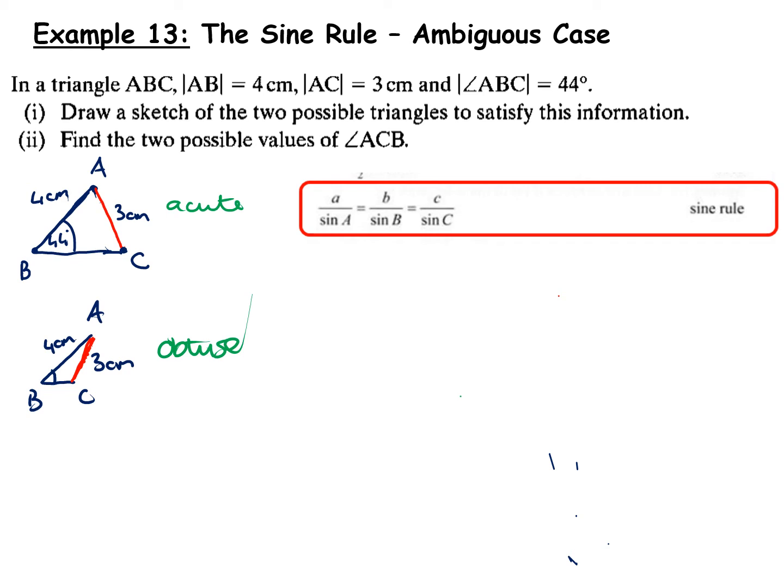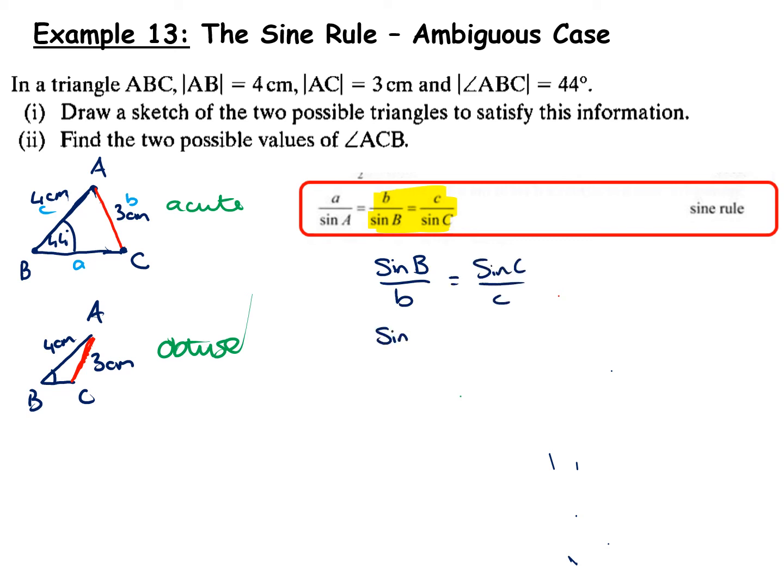So let's go to our labeling. So you have it labeled ABC. This is side a, this is side b, this is side c. It doesn't matter which sketch I use because they're both going to be the same. I'm going to use the bigger one just because it's a little bit easier. Because we know b and c, I'm using this part. We're trying to find the angle at C. That means I will use the reciprocal of this formula. So sine B over b is equal to sine C over c.